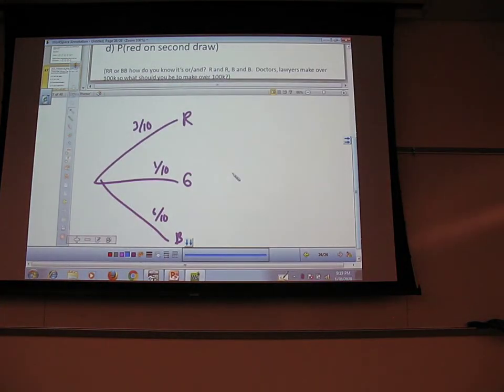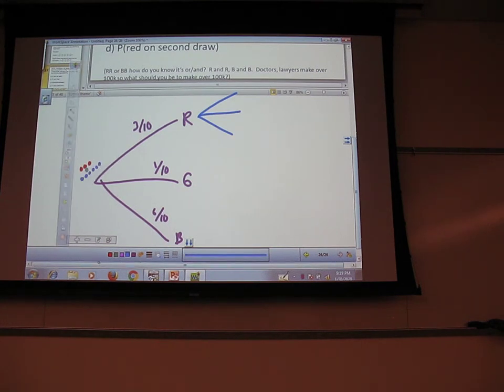if I draw a red one first, what do I have left? Here I'll do it like this, sorry, my bad. Here I have red, red, red, green, blue, blue, blue, blue, blue, blue.